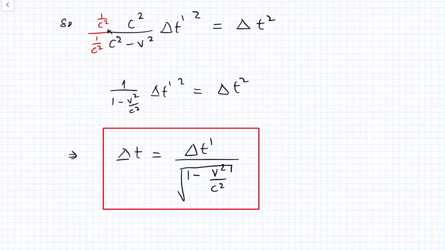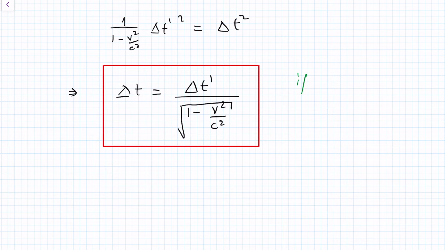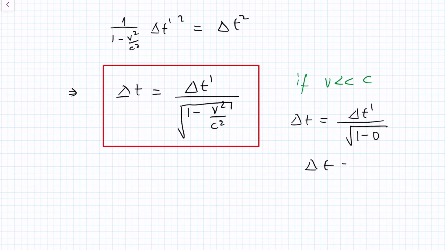A few things to say about this formulation: if v is very slow, if v is much smaller than c, that means v squared is much, much smaller than c squared, right? So we nearly have 1 minus 0, so Δt' over 1. In other words, Δt is equal to Δt'.